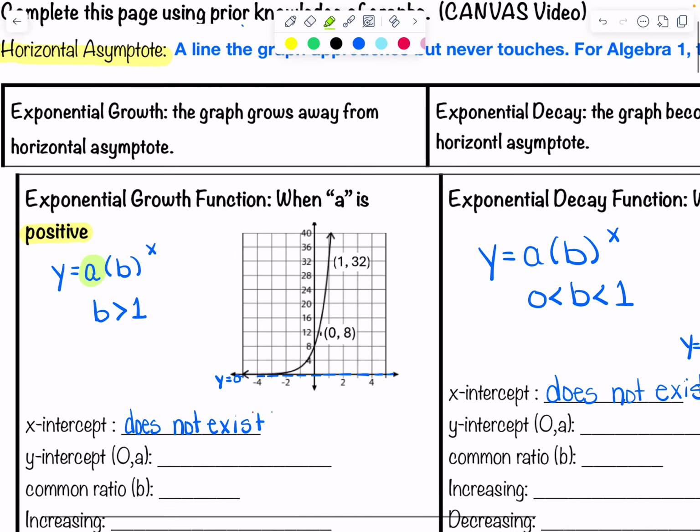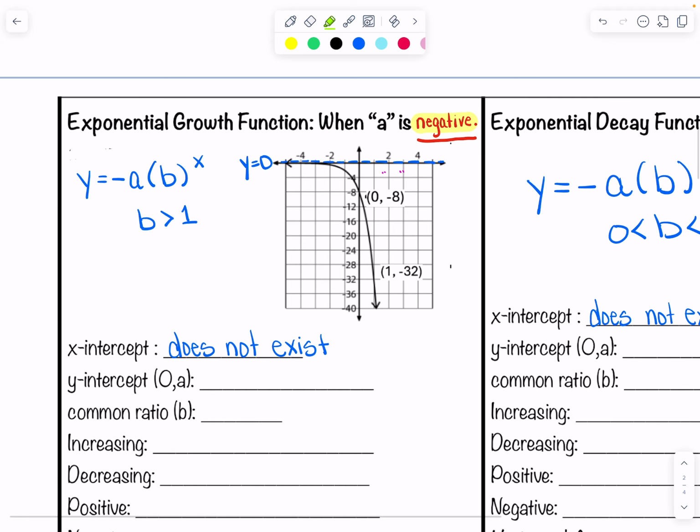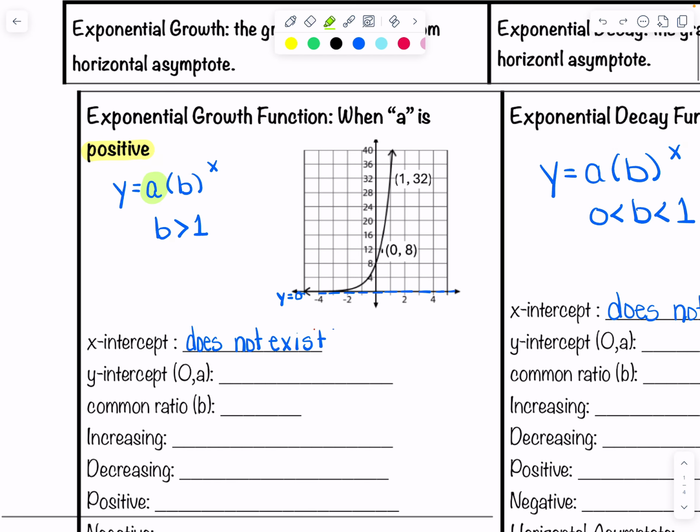Now, if from left to right it's going down, let me show you this one here, from left to right it is going downwards, then it is a negative A, okay? So keep that part in mind first. A positive A is going up above y equals 0. A negative A is going down below y equals 0, okay?